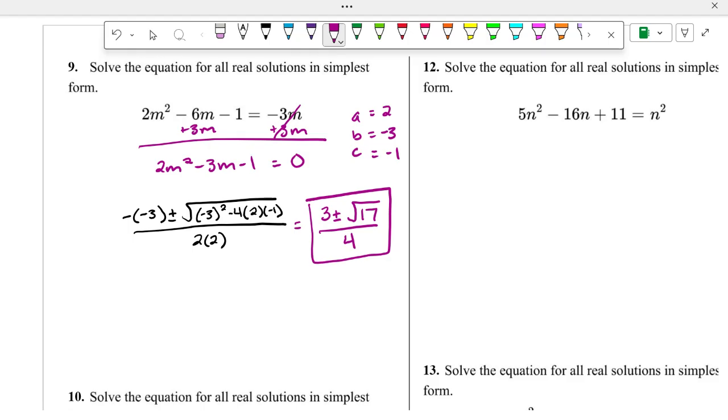Now, that's our answer. Just to note, though, this is technically two answers, because if you separate the plus or minus, this would be 3 plus square root of 17 over 4, 3 minus square root of 17 over 4. So just make note that even though we shorthand it, so it looks like one answer, it's actually two. It's like a 2-in-1 deal.